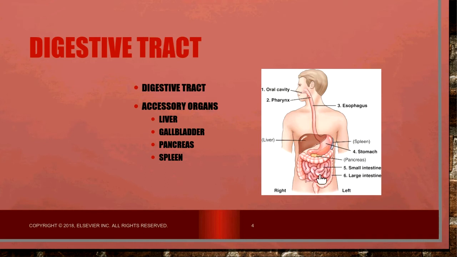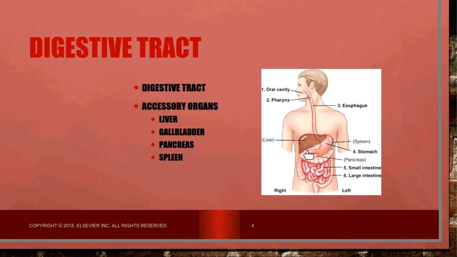It also demonstrates the accessory organs of the digestive system, which include your liver, which occupies most of the right upper quadrant, the gallbladder, which is nestled under the liver, and the pancreas. The pancreas sits in the C loop of the duodenum and secretes enzymes for digestion.